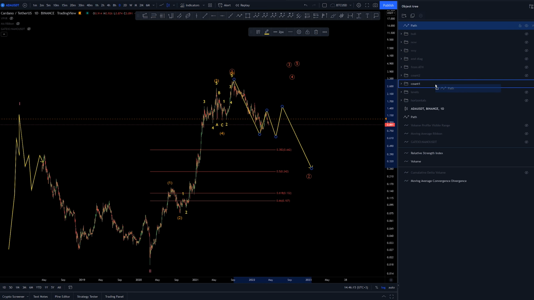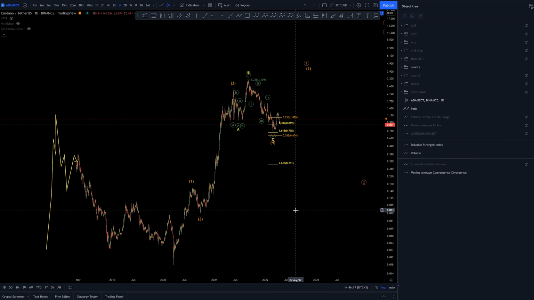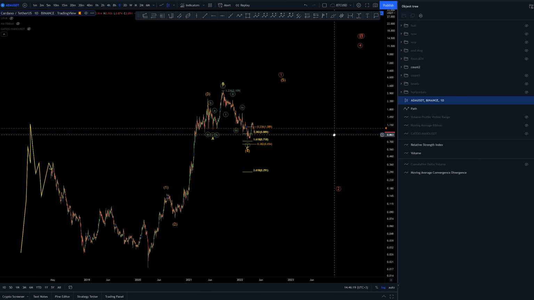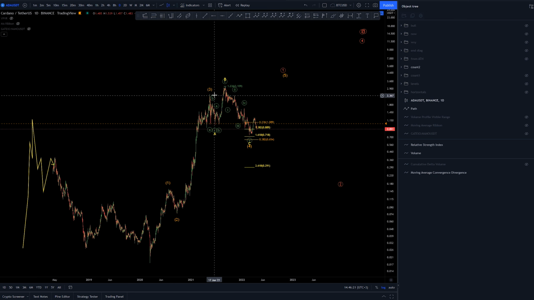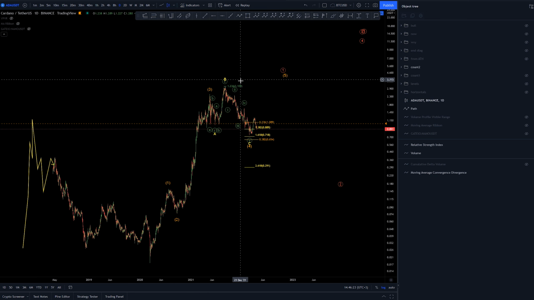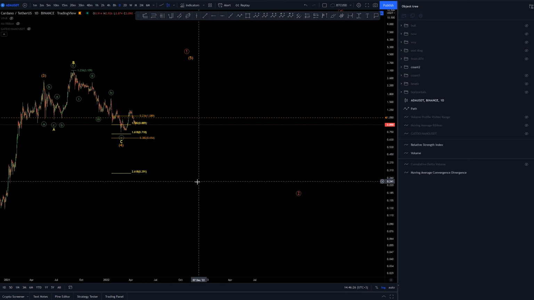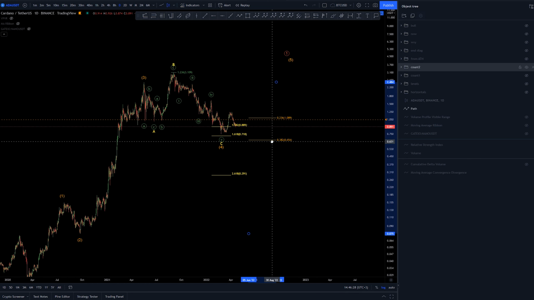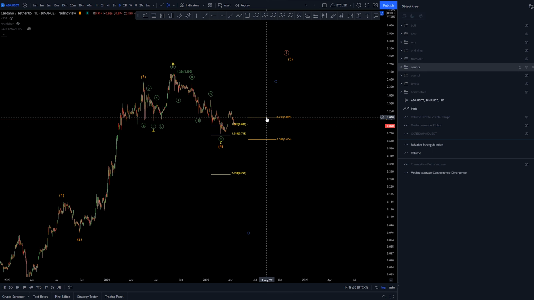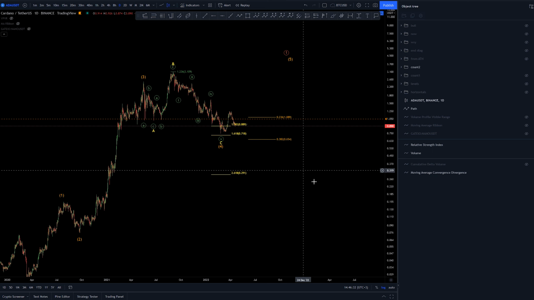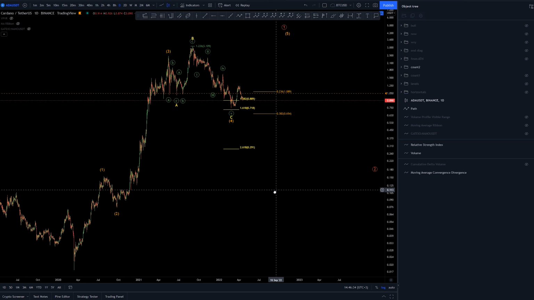Now another option is this one, saying that this is again 1, 2, 3 and currently making the 4th. At this point we have retraced between the 23.6 and the 38.2 of this whole wave 3.